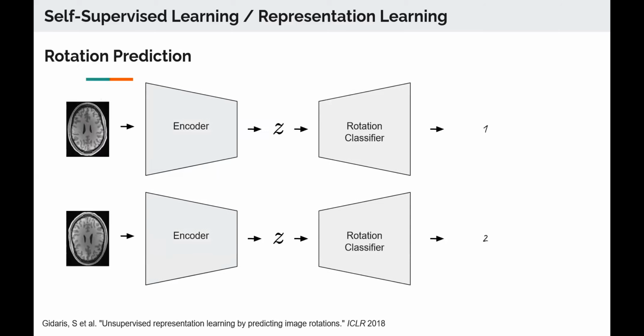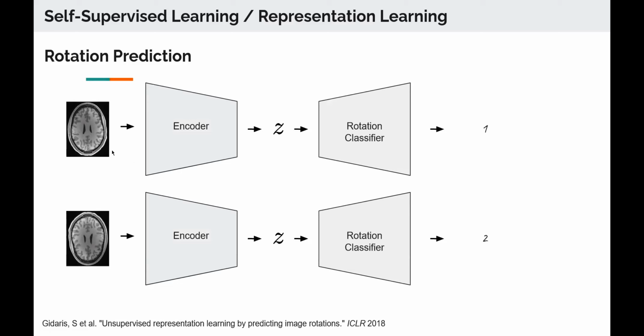Then this is the rotation prediction task that we saw before. So you can feed the image and then ask this class, you can just randomly assign this class to be something, 1, for example. And now we have flipped the image 180 degrees and we can say, okay, this is class 2. And we can choose whatever number of classes we like.